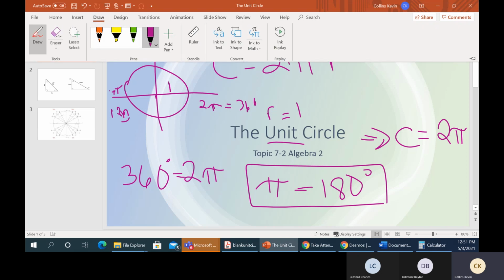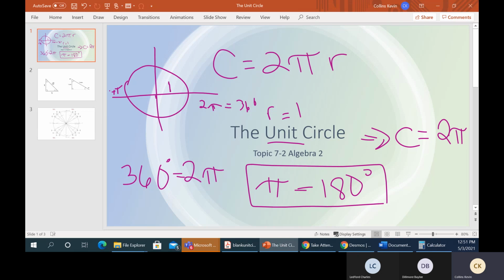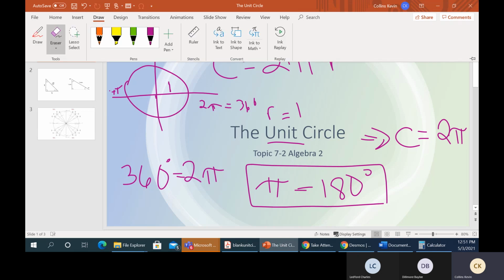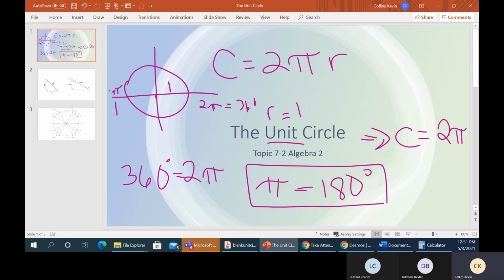I don't know what is going on there. Let's see if I can fix that up a little bit. All right, so this is 180. Close enough. So we're going to go back and forth between these two.